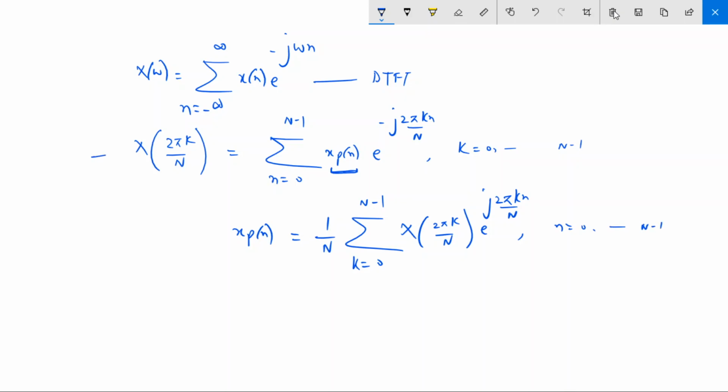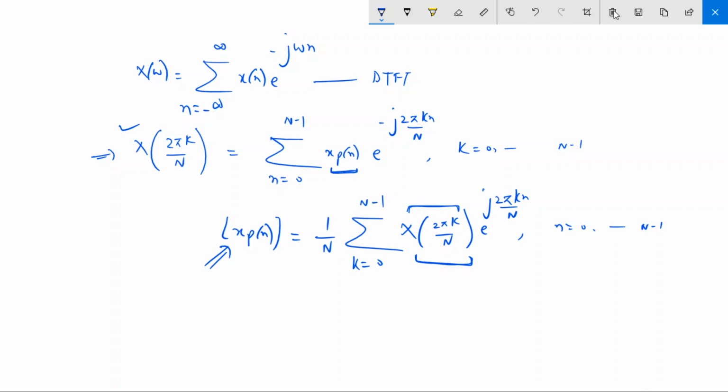So this equation gives you the samples of the Fourier transform, and this equation gives you the time domain sequence back from the samples of the Fourier transform X omega at 2 pi k by n. These are nothing but the samples. So using the samples, how can you reconstruct the sequence in discrete time?